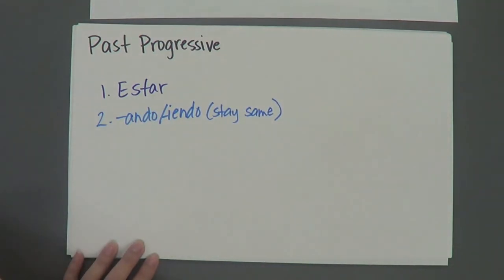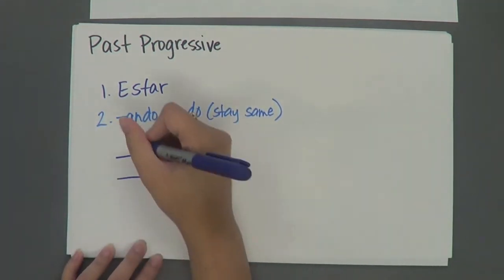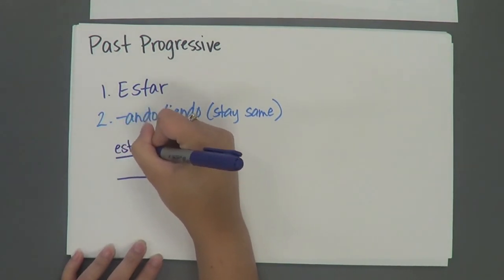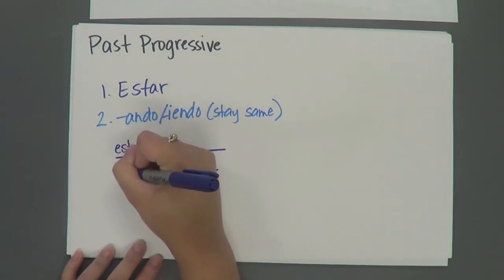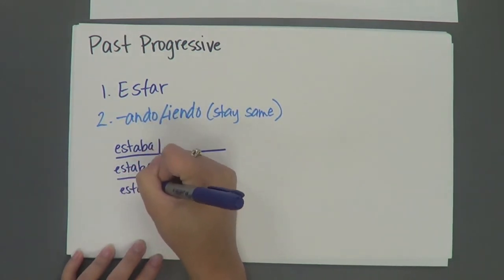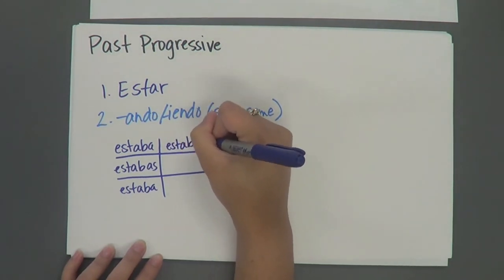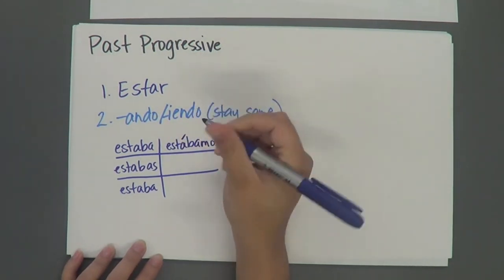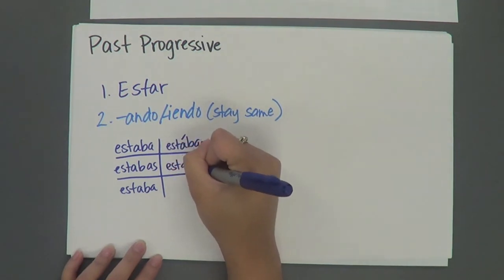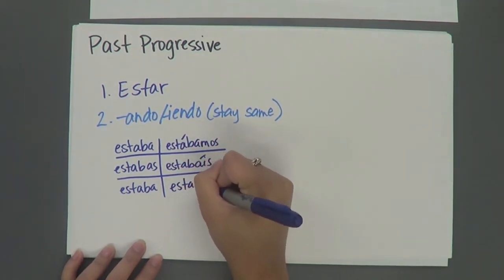So in the past tense, estar is going to be estaba, estabas, estaba, estábamos, estabais, and estaban.